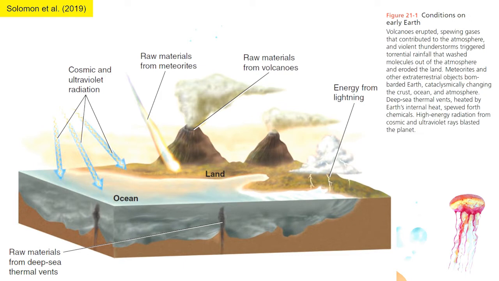So these are the raw materials for the initial type of organisms that possibly existed billions and billions of years ago. Raw materials could have come from hydrothermal deep sea vents. These are cracks on the oceanic crust, heated by the magma chambers underneath, and spewing out of these vents is very hot, high temperature water that mixes with nutrients on the oceanic floor.